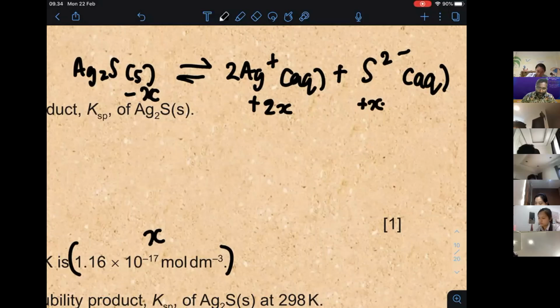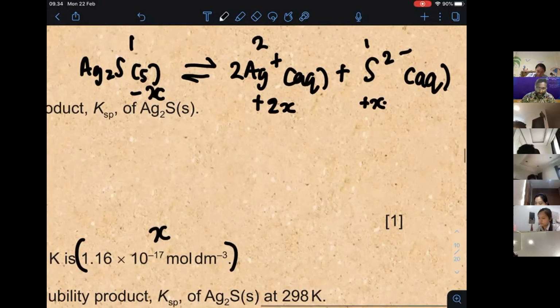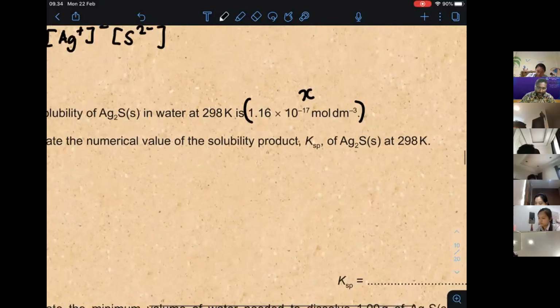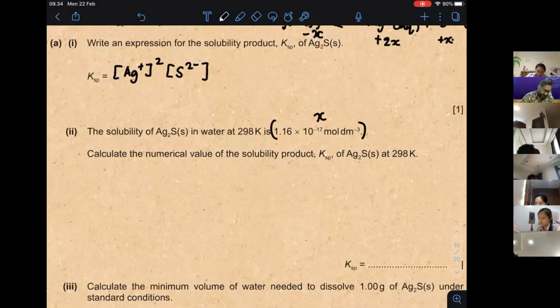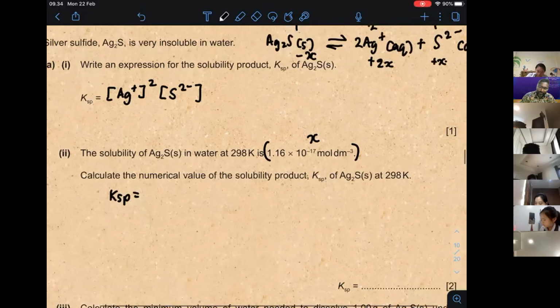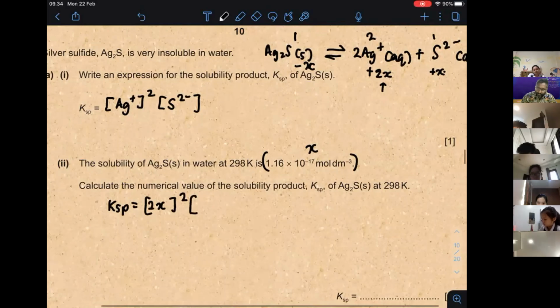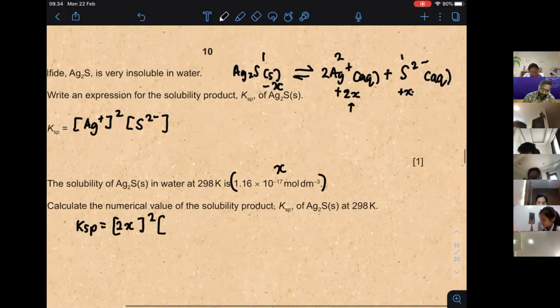So here, if I want to calculate the numerical value of the solubility product, the Ksp is supposed to be the concentration of the silver ion, which is going to be 2x. So I put 2x to the power of 2, and then here x.